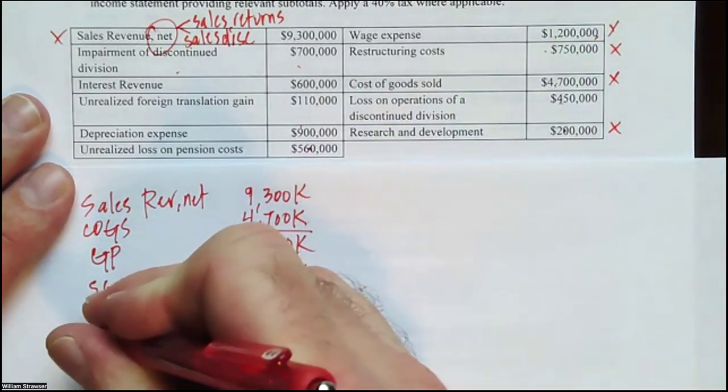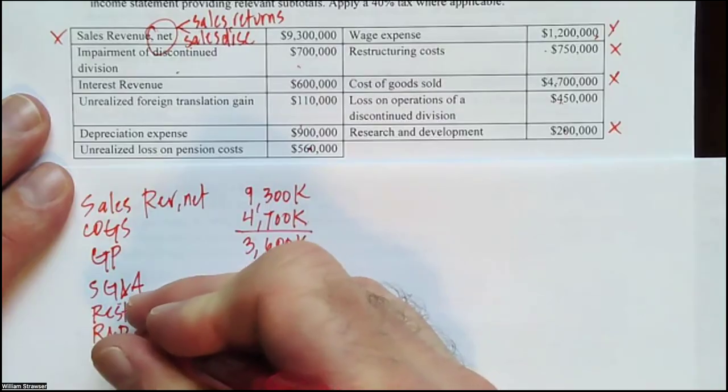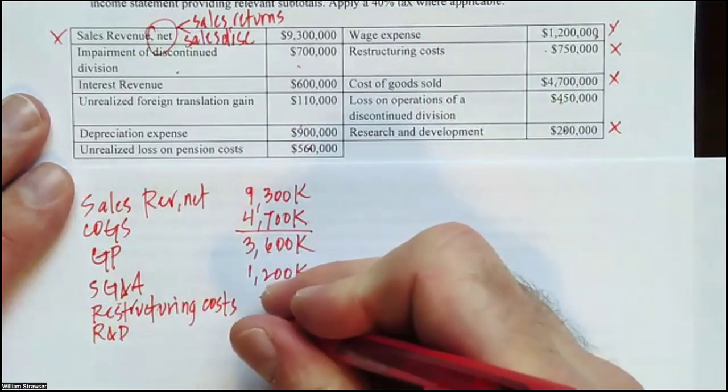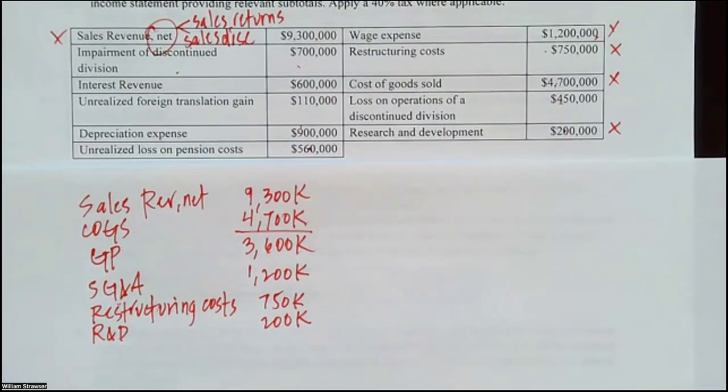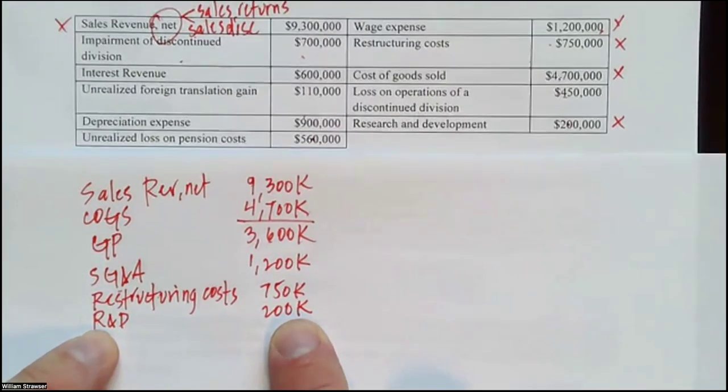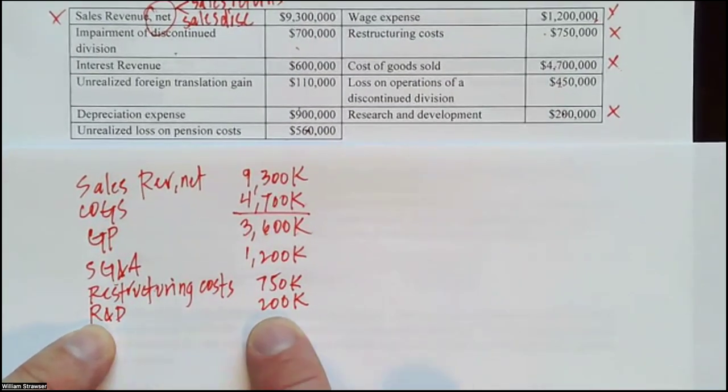R&D is also separately disclosed from SG&A because when companies engage in R&D and develop intangible assets like patents, they are not allowed to record an asset on the balance sheet. And so this gives investors an idea of what intangible assets might be under development, and it is actually used by investors as a sort of quasi asset when they're valuing a company's future prospects.